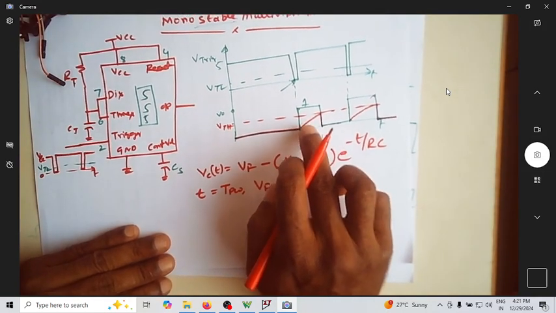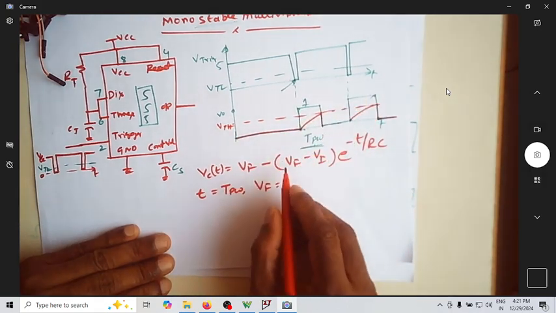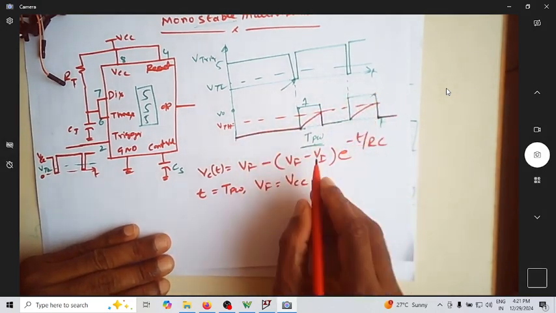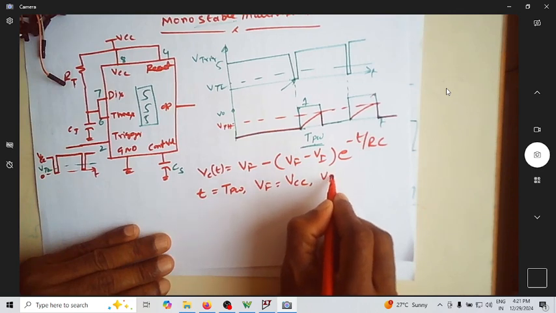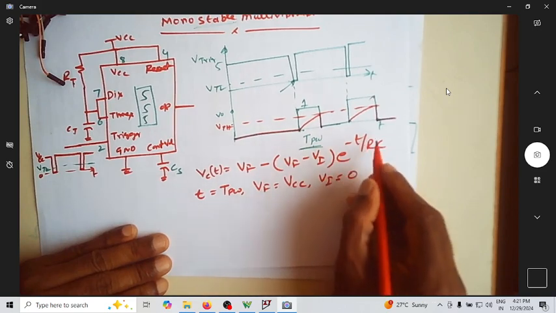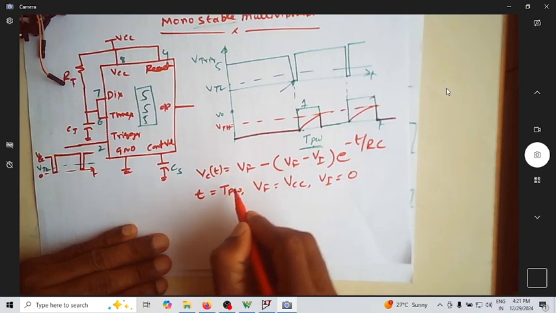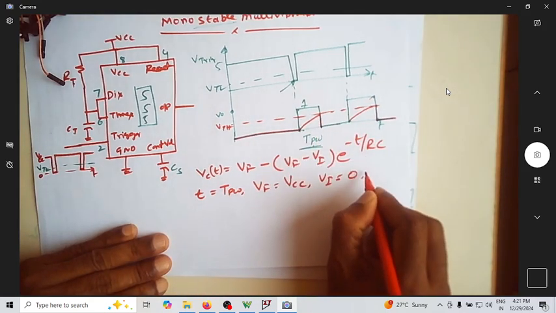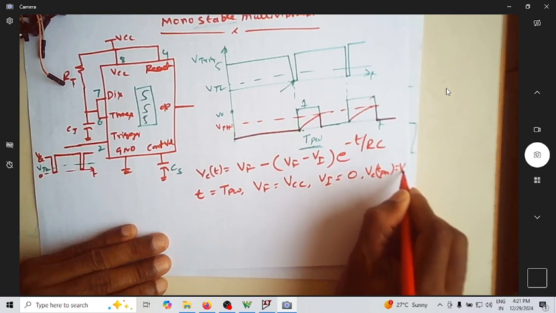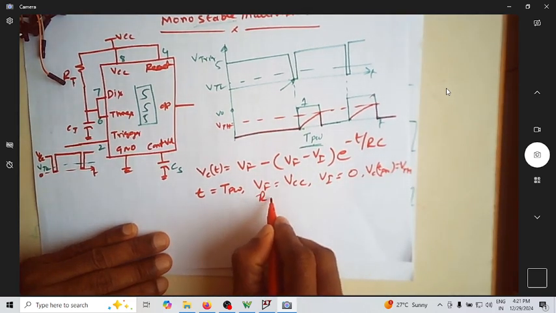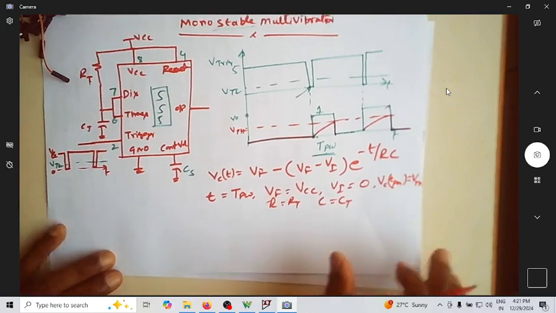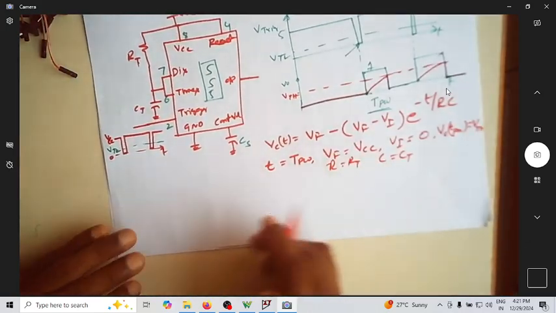If the capacitor is allowed to charge to infinity, it will reach VCC. What is the initial voltage? At the beginning of the pulse width, the initial voltage is 0. At time t equal to TPW, the capacitor voltage is VTH, so Vc of TPW is equal to VTH. What is R? R is RT, and C is CT. Let us substitute all of these and find an expression for TPW.